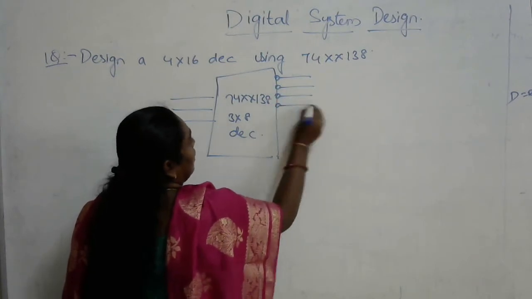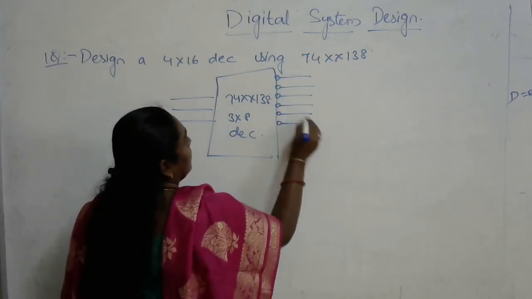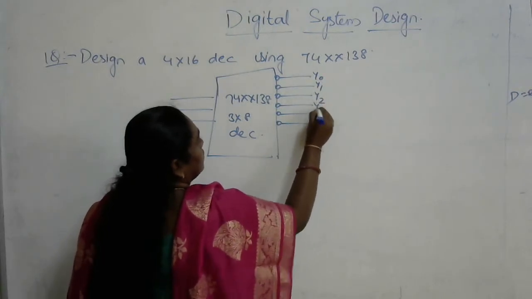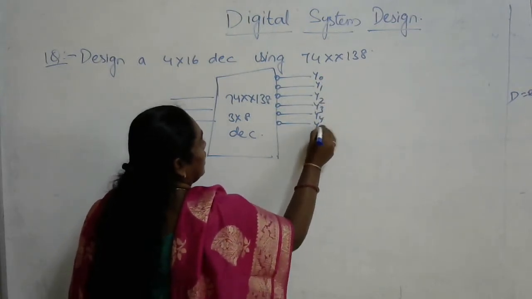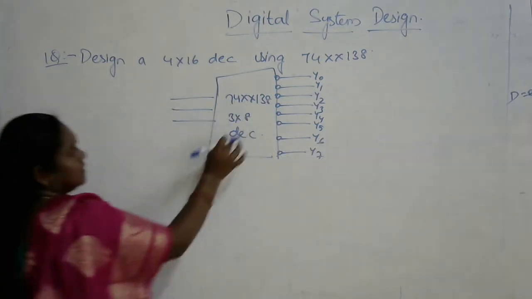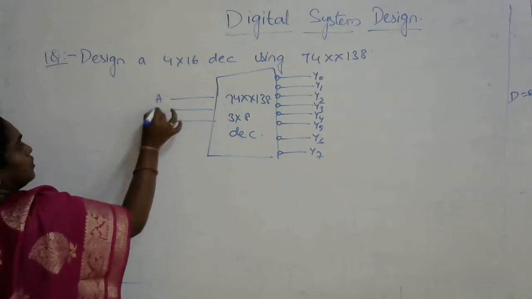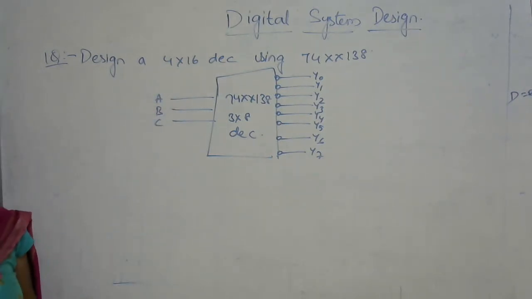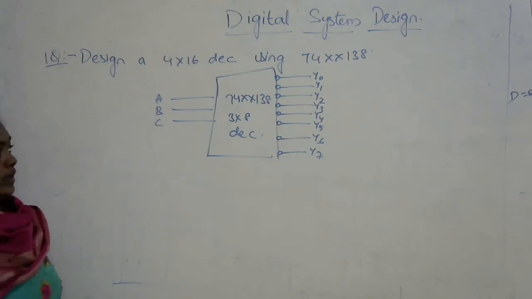All those 8 outputs are active low. Let me take Y0, Y1, 2, 3, 4, 5, 6 and 7. As it is a 3 by 8 decoder, it consists of 3 inputs A, B and C, and outputs Y0 to Y7.